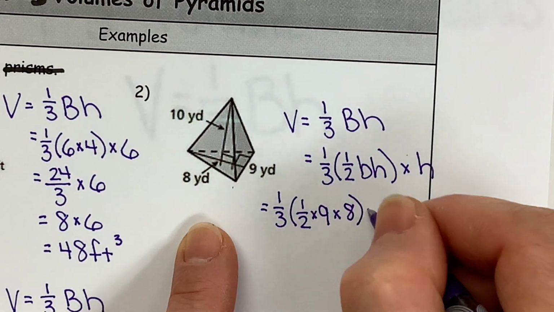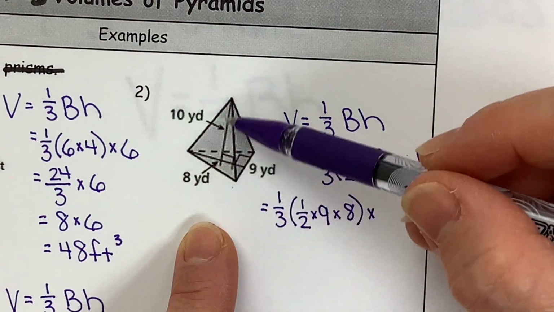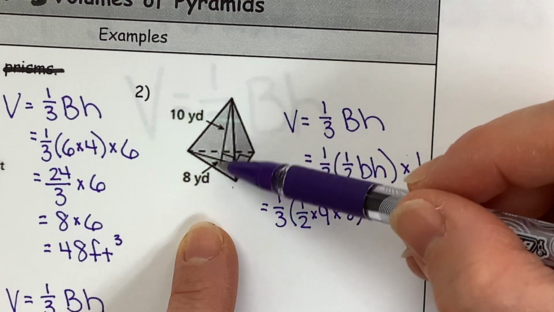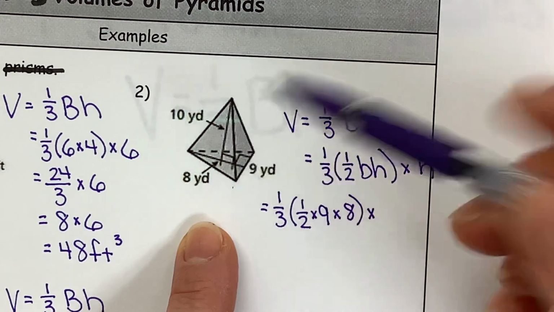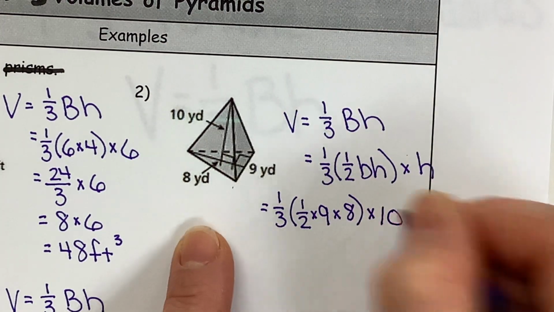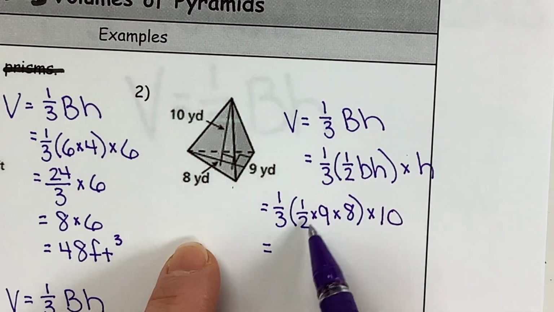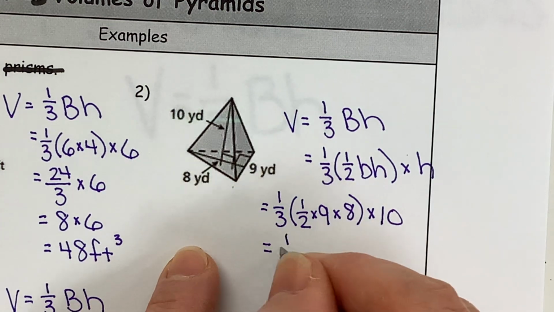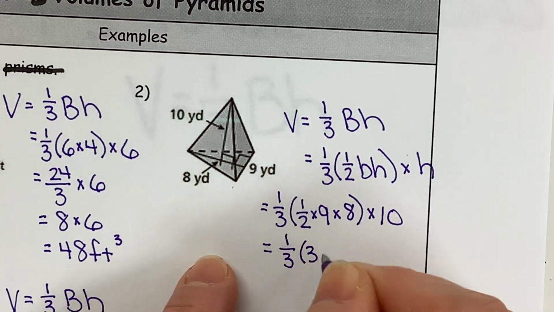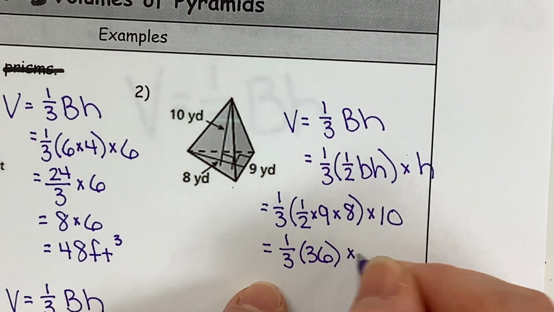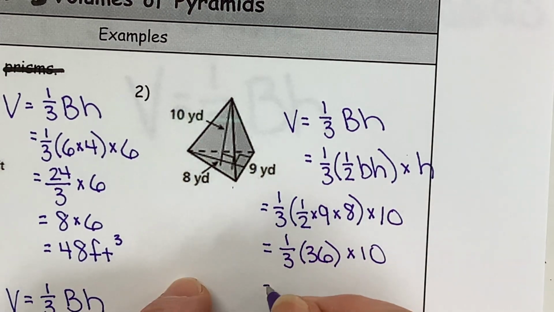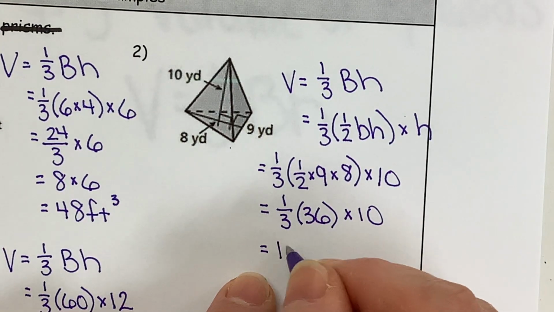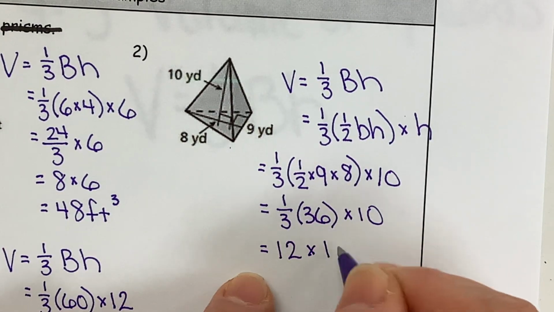Okay, now we have to multiply it times the height of the figure, which again needs that 90-degree angle, so we can see it there. So that's going to match with this 10. All right, so let's see here. Half of 8 is 4. 4 times 9 is 36. I know 1/3 of 36, so 36 divided by 3 is 12, so times the 10.